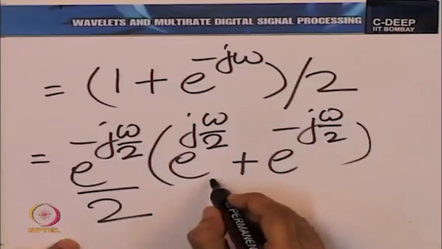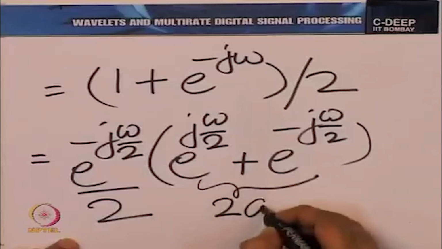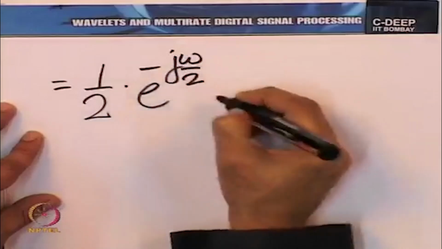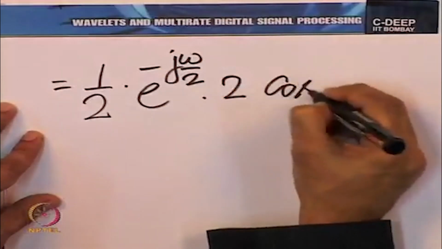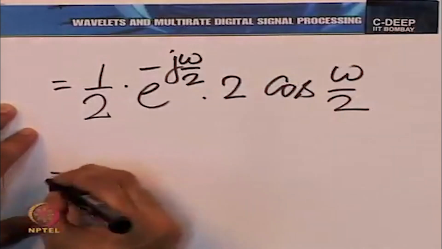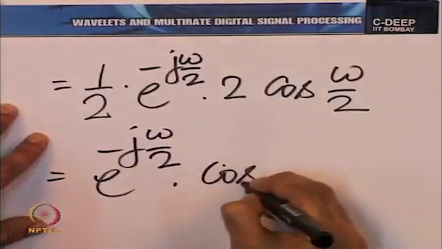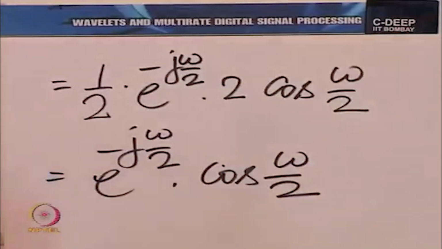Now, recognize that this is essentially 2 times cos omega by 2, and therefore we have half e raised to the power minus j omega by 2 times 2 cos omega by 2, which gives us e raised to the power minus j omega by 2 times cos omega by 2. This is the frequency response. Let us sketch its magnitude and phase.